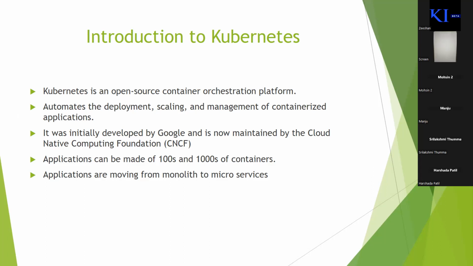Kubernetes is actually deployed in clusters. I mean, you can have multiple nodes belonging to a single cluster, and the cluster is self-healing. The meaning of self-healing is, if a container is destroyed or crashed, it will be recreated automatically.